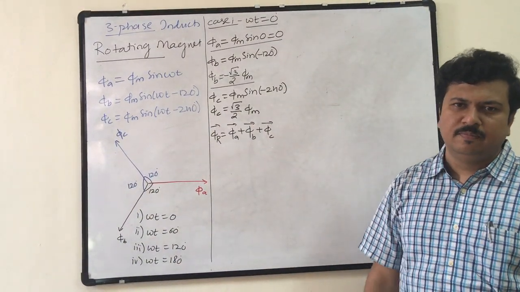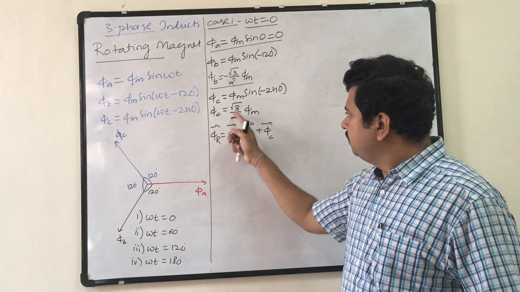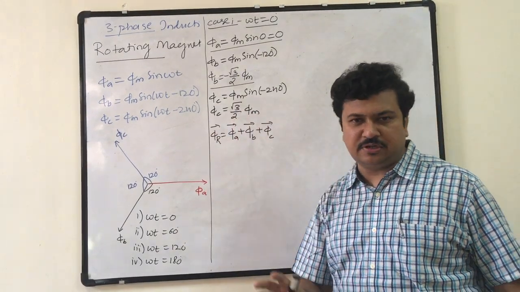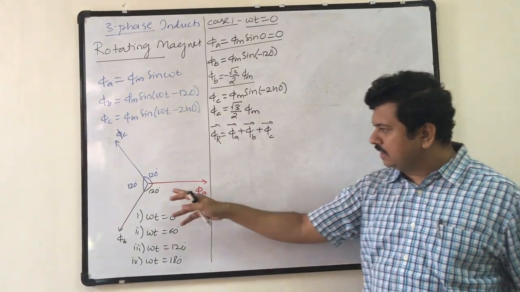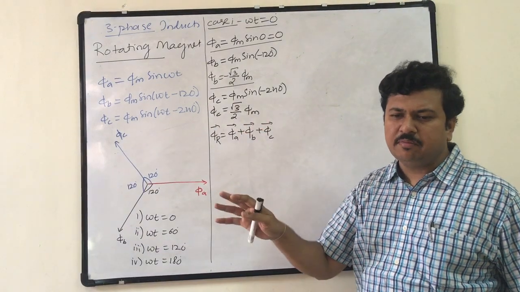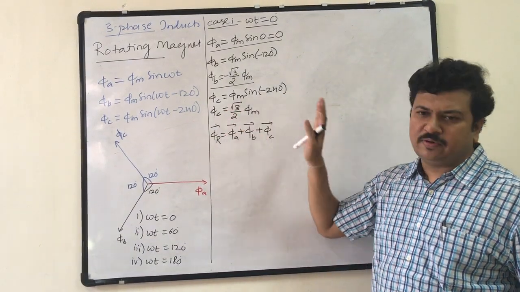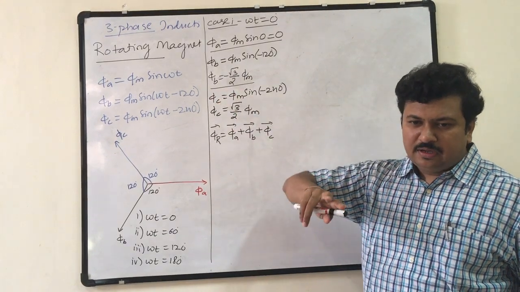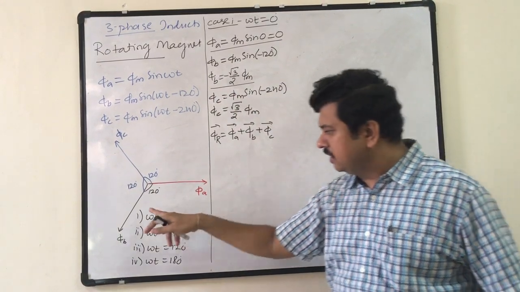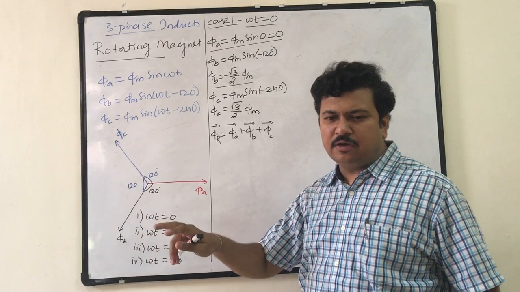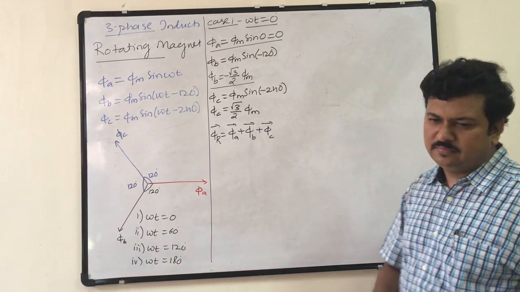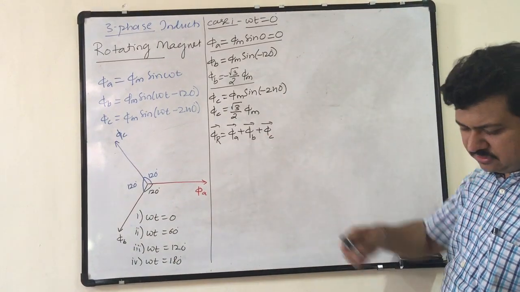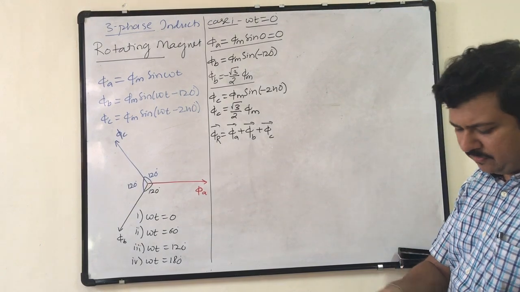And phi c is plus root 3 by 2 phi m, it is positive, so the vector position of phi c will remain the same, with magnitude root 3 by 2 phi m. The vector position of phi b will be opposite to the original vector phi b, with magnitude root 3 by 2 phi m. So I will draw these three vectors. Phi a is 0, I need not draw vector phi a.